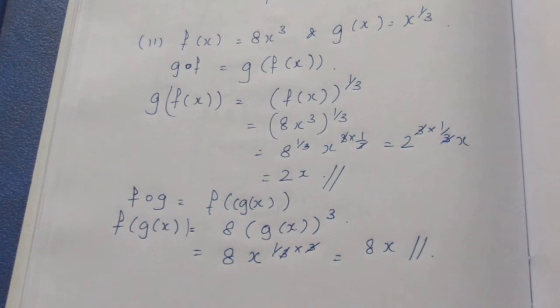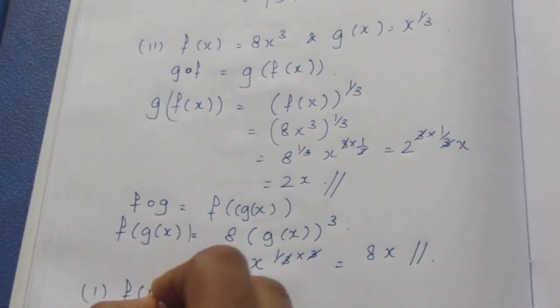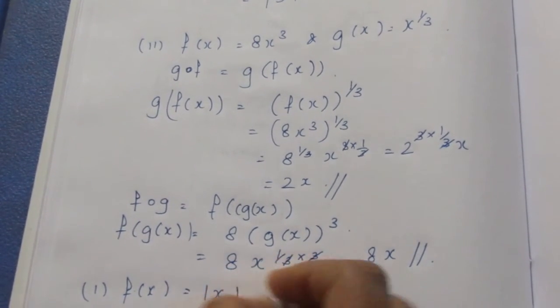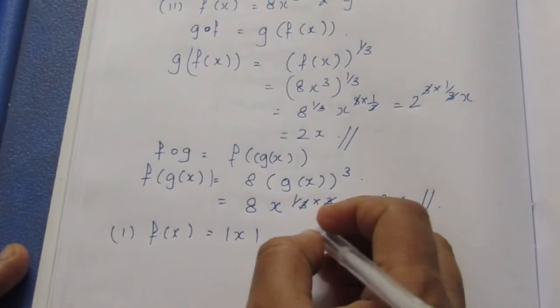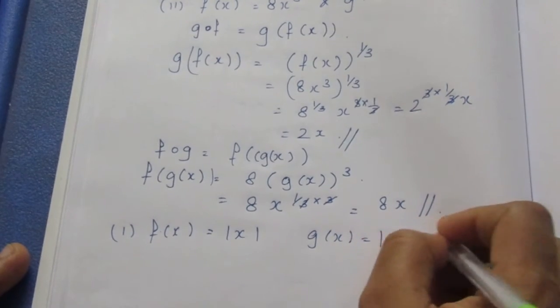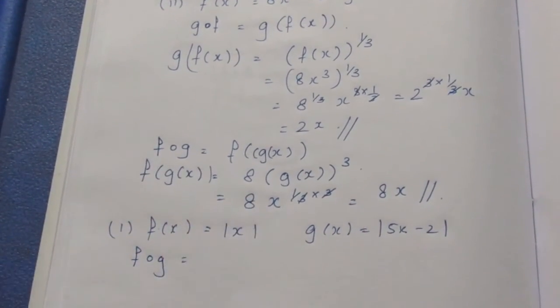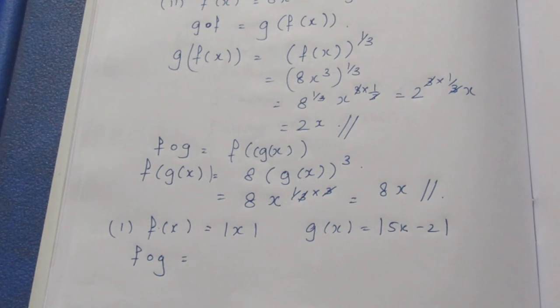In the first subdivision we forgot to find f circle g. So let me go back to the first subdivision. We have f of x to be mod x and g of x to be mod 5x minus 2. We need to find f circle g. f circle g is nothing but f of g of x.